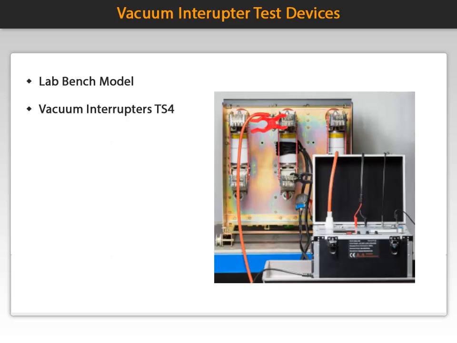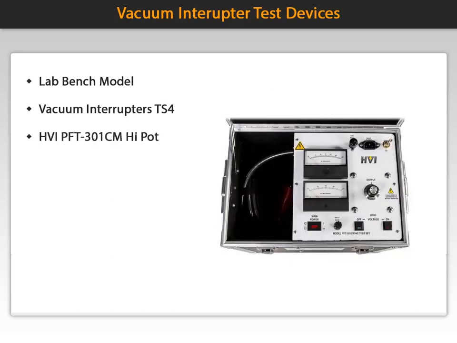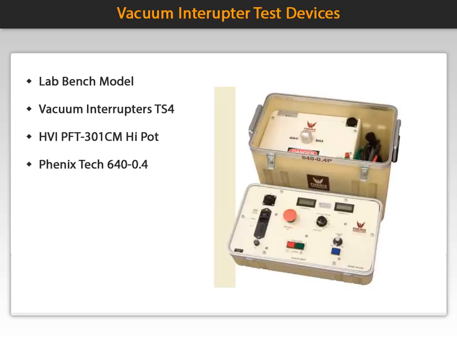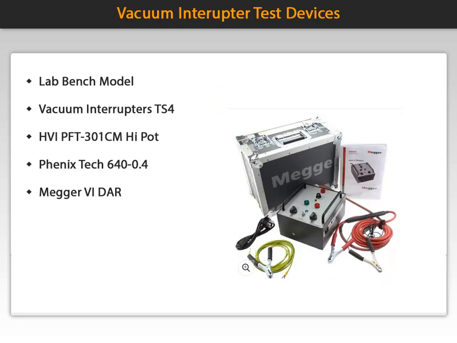Other test kits available are the HVI High Voltage PFT 301 CM High Pot Vacuum Bottle Tester, Phoenix Tech Model 640-0.4 Portable 40 kV Vacuum Interrupter Test Kit, and Megger's VI-DAR Test Kit.